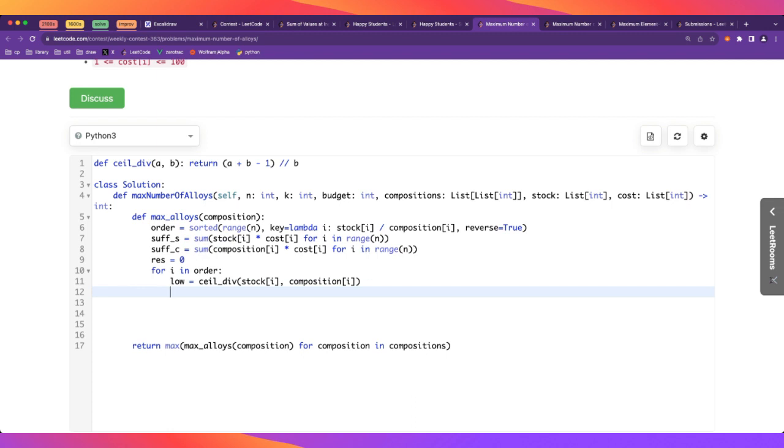And then we want the high upper bound to be what we wrote down there.